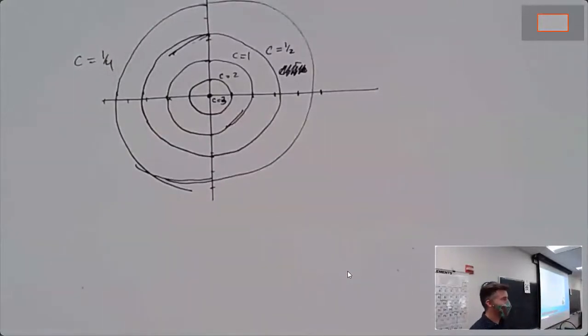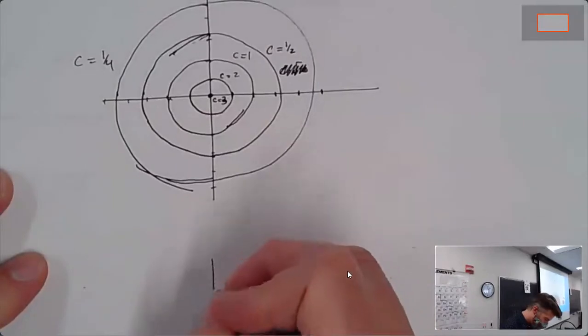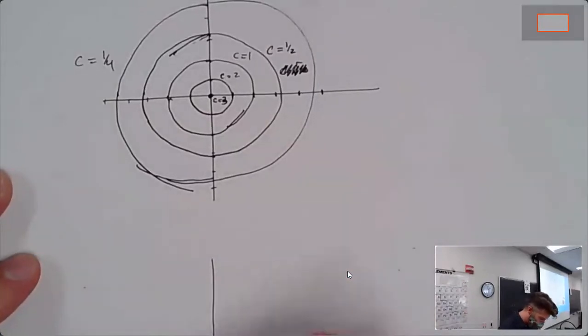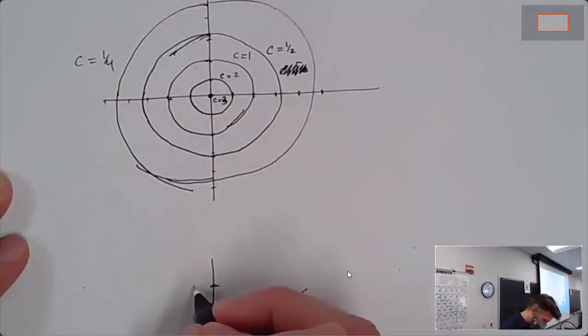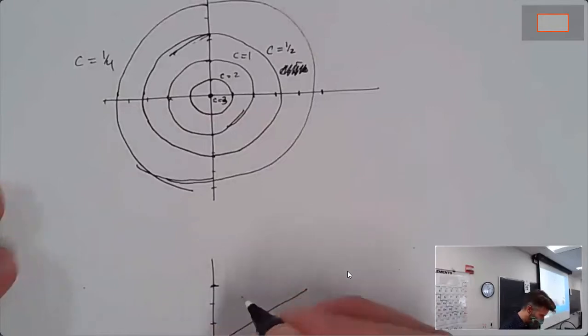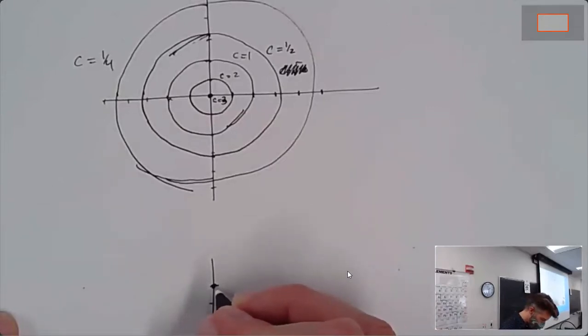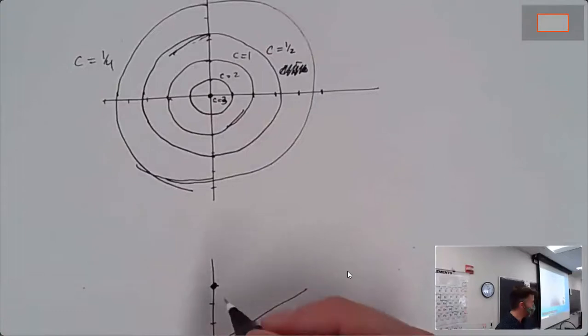So the idea is you can take these circles and stack them up. C equals 1/4 is the lowest one, and then higher and higher. Now we're not being asked to draw the 3D curve, you're really only being asked to draw the level curve. But the idea here is up at 3, we've got nothing, the radius is 0.